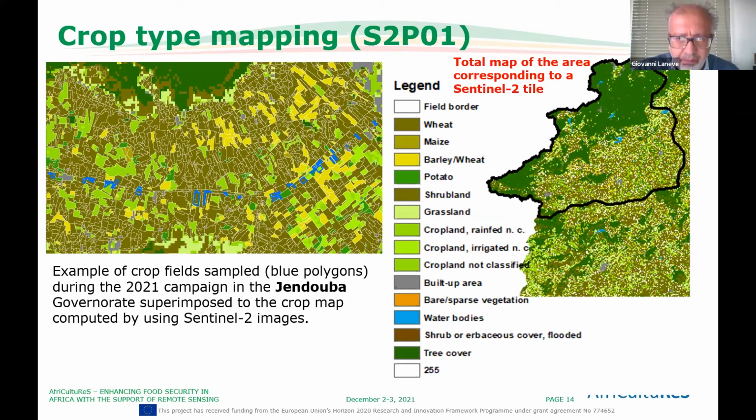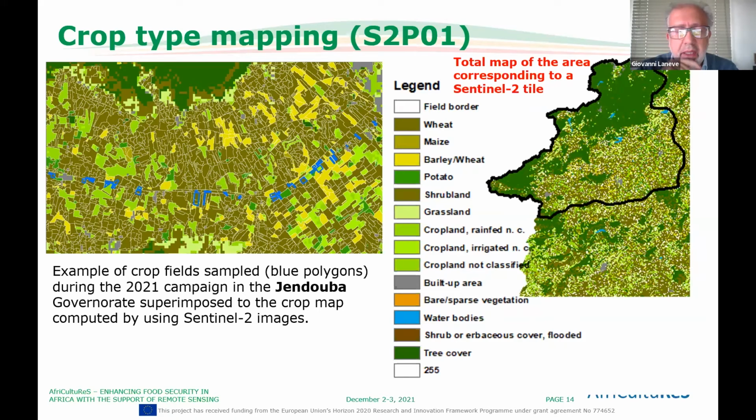Of course, the area will be extended in the next weeks or months. For now, we have developed a procedure that we think is good enough for mapping the crop types in the area of interest. This is just an example of one of these crop maps done based on Sentinel-2.